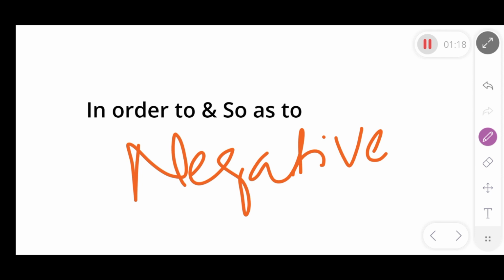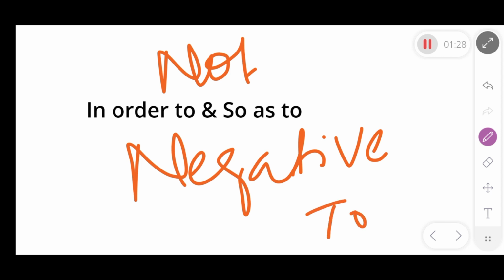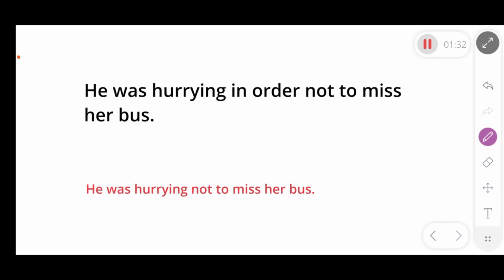We can use not with them, like in order not to, so as not to, while to alone cannot be used with not. For example, he was hurrying in order not to miss his bus.